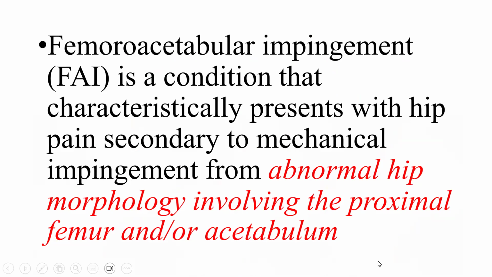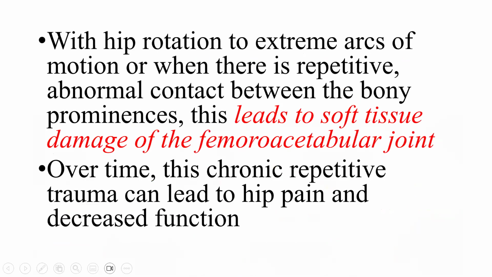With hip rotation, the extreme arcs of motion, or when there is repetitive abnormal contact between the bony prominences, this leads to soft tissue damage of the femoral acetabular joint.